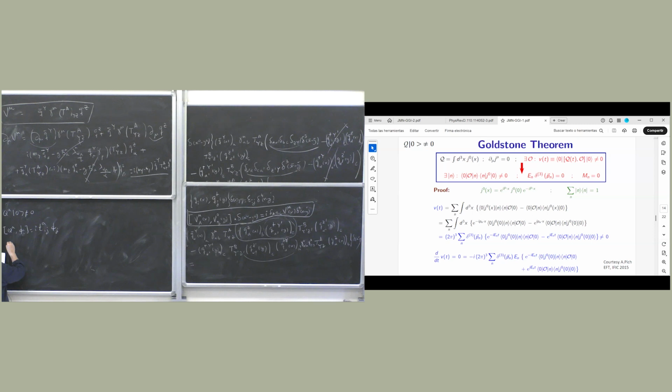Okay, if you say that Q A doesn't annihilate the vacuum, then automatically one of the fields of the theory takes a non-zero expectation value.